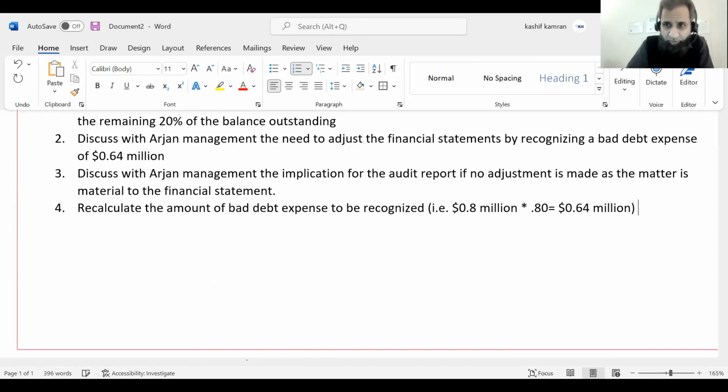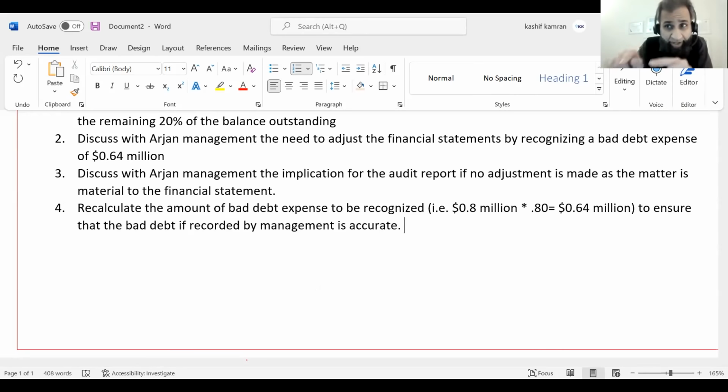Recalculate the bad debt expense to be recognized to ensure that the bad debt, if recorded by management, is accurate. So if the management has recorded the bad debt, it is exactly 0.64, not less than 0.64.